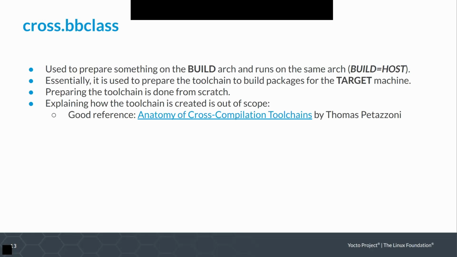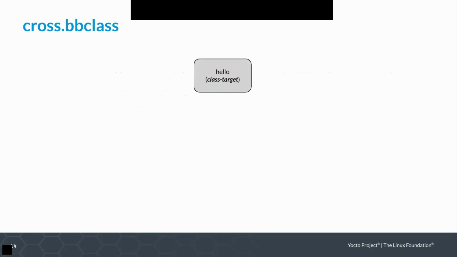So in this step, BitBake will create a specific toolchain from scratch for your target machine. This talk is not about how a toolchain is created, but you can check this very good presentation by Thomas about how a toolchain is created and how the compiler is actually built for a specific target.